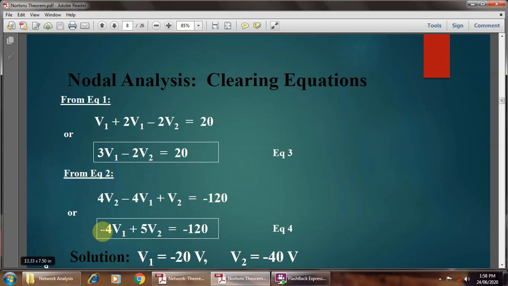Therefore minus 4V1 plus 5V2 is equal to minus 120. This is equation number 4. Then from equation number 3 and equation number 4, we have calculated the values of V1 and V2 respectively. Therefore V1 is equal to minus 20 volt, and V2 is equal to minus 40 volt.